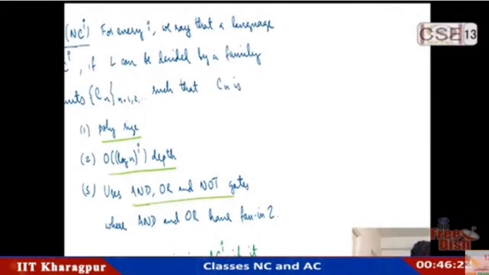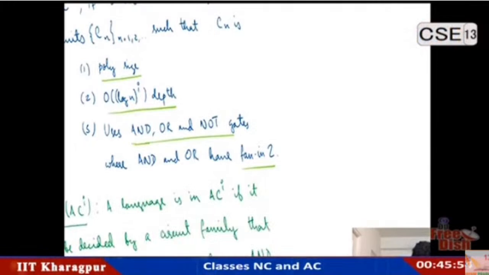And the most important thing is that these gates, in the case of NC, must have fan-in at most 2, right? So obviously NOT gates have fan-in 1, so AND and OR cannot have fan-in bigger than 2, right? So this is NC^i. When i increases, you get more and more depth, right? But all of this is limited to polynomial size circuits.